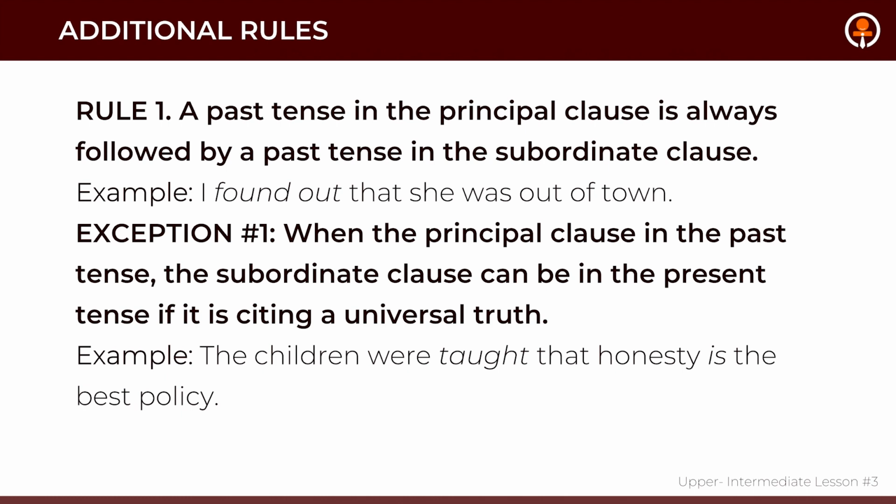For example, water boils at 100 degrees, right? It's a universal truth. The children were taught that honesty is the best policy. So were taught is past simple, and is is present simple, right? So this is exception number 1.